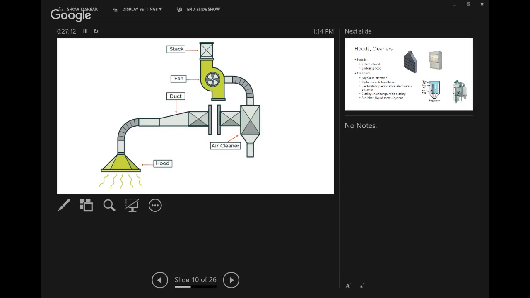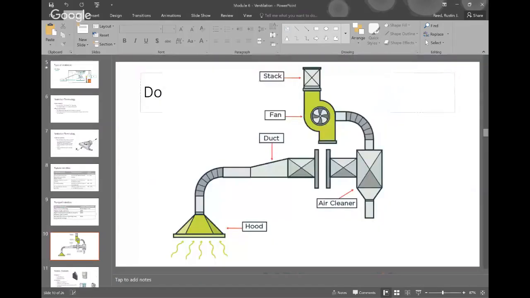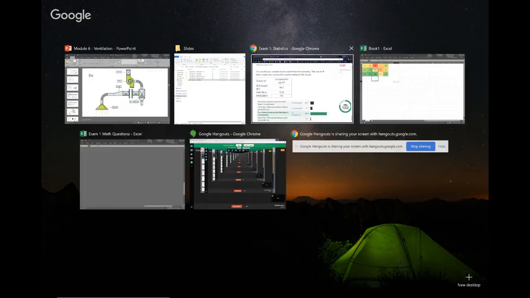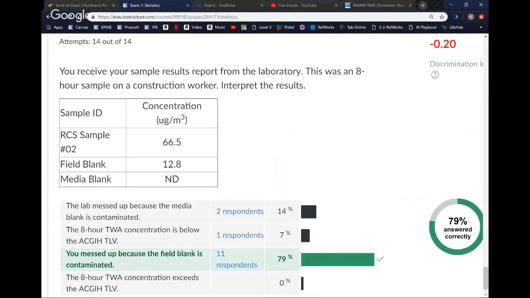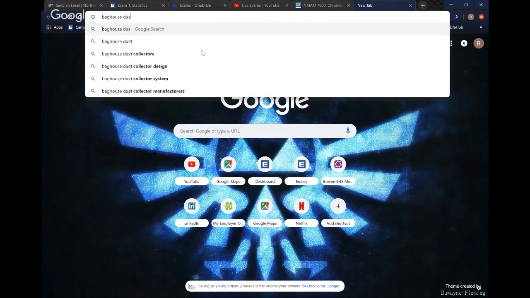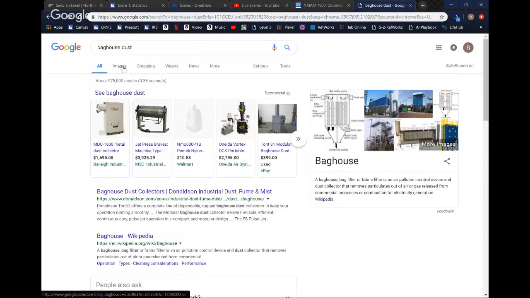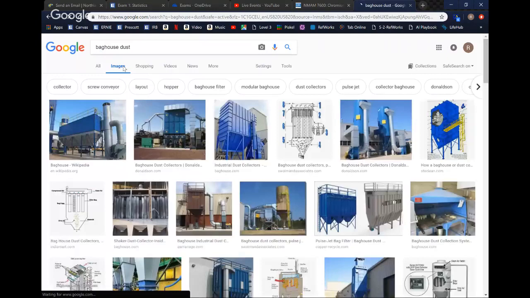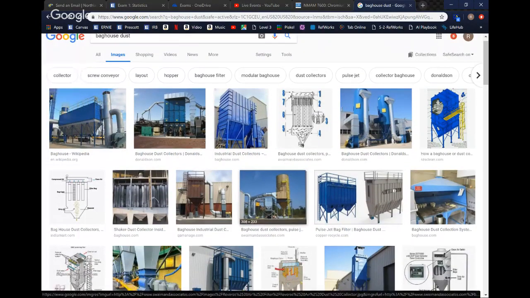Another is a baghouse. Basically, what you have, well, let me see if I can find a picture of one. I think it's helpful just to see. I was hoping to see inside one.